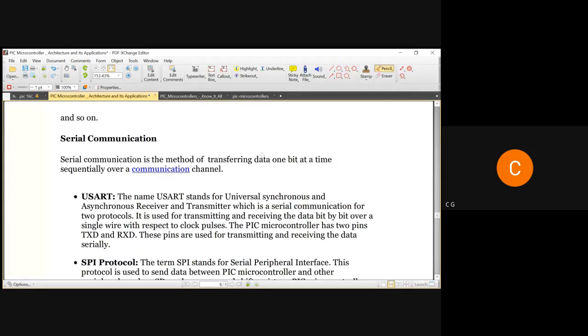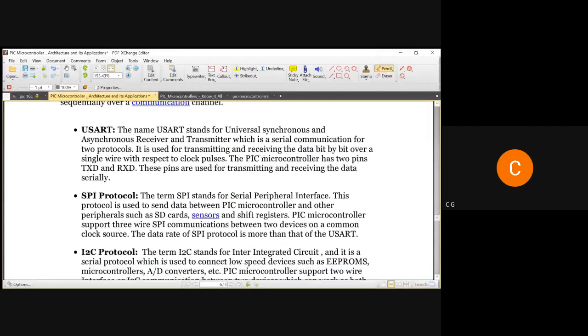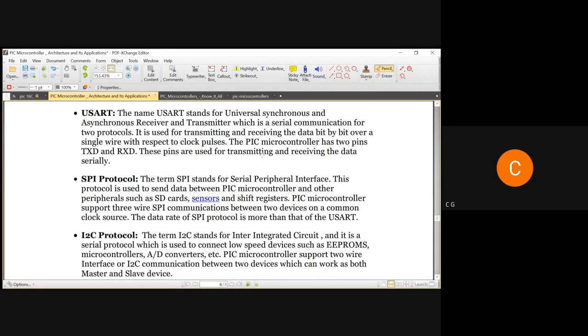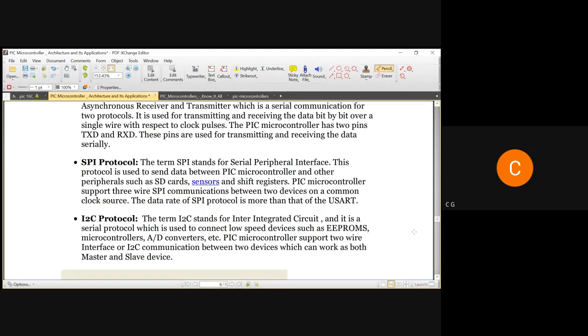Now serial communication has this USART, SPI protocol, and I2C protocol. Somebody was asking about I2C. The I2C protocol stands for inter-integrated circuit, and it is a serial protocol which is used to connect low-speed devices such as EPROMs and microcontrollers.